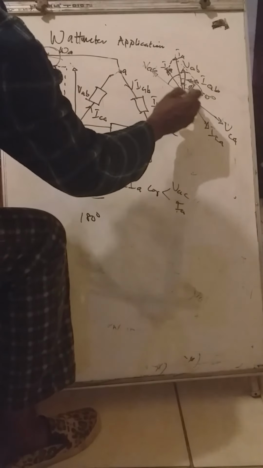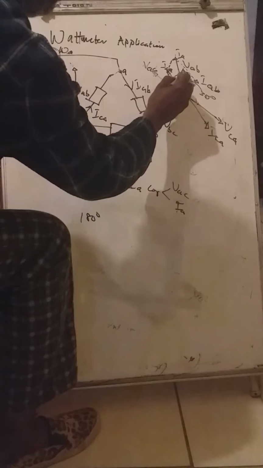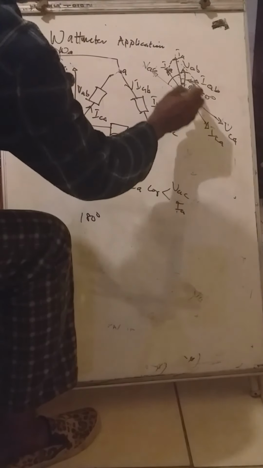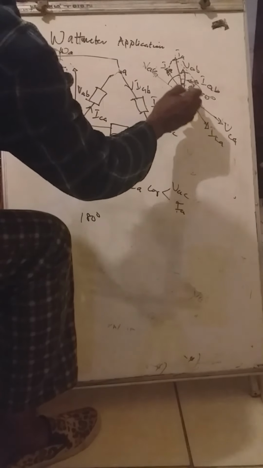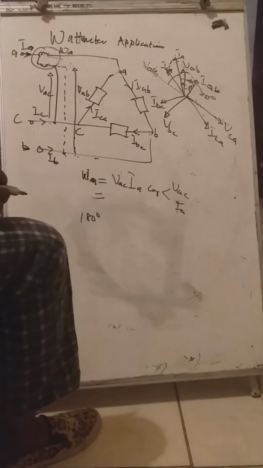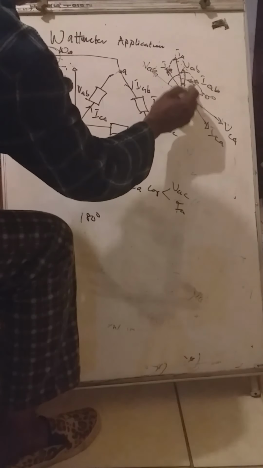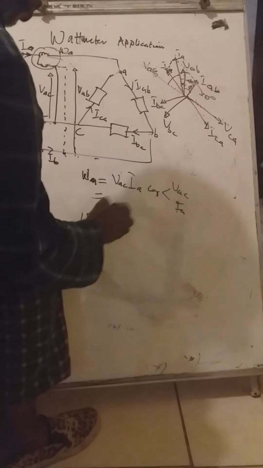From here to here, between VAB and VAC, is 120 degrees. So let's take away 120 degrees from this.